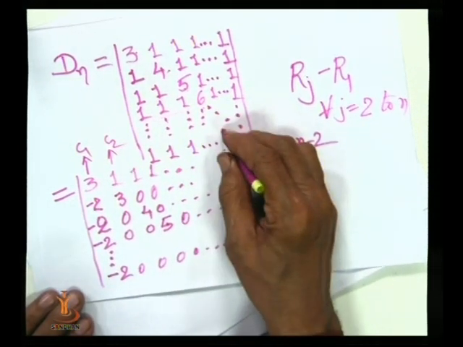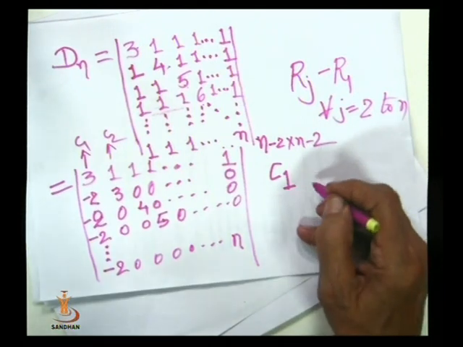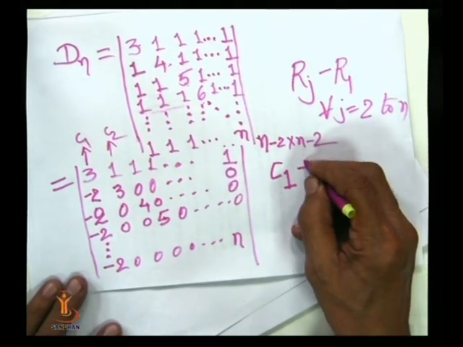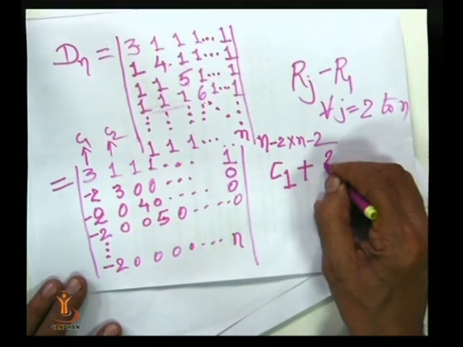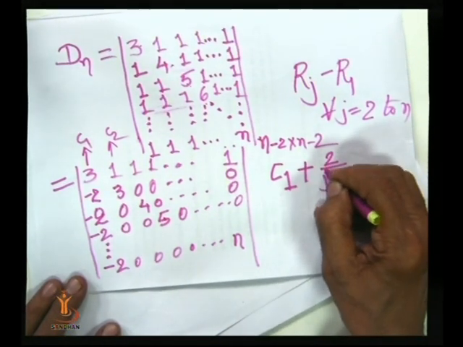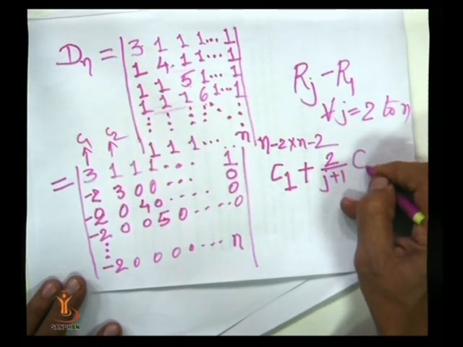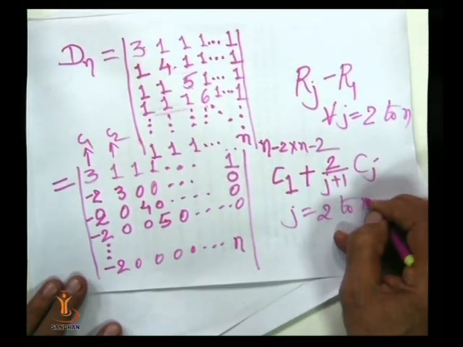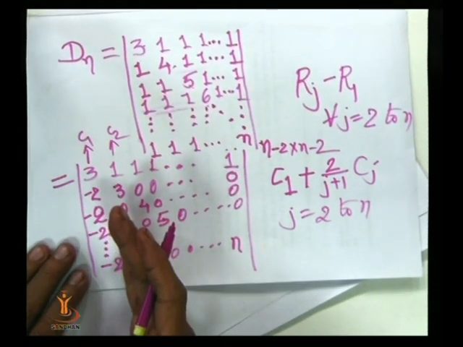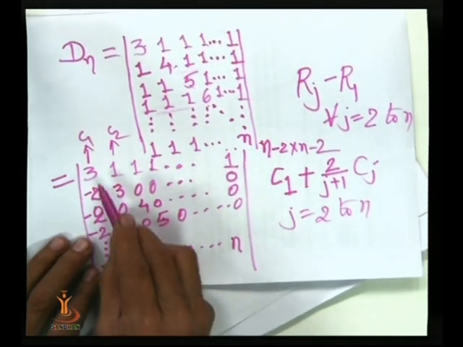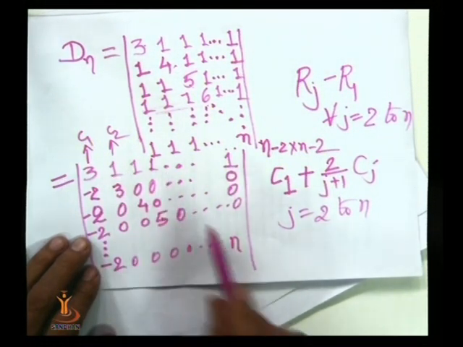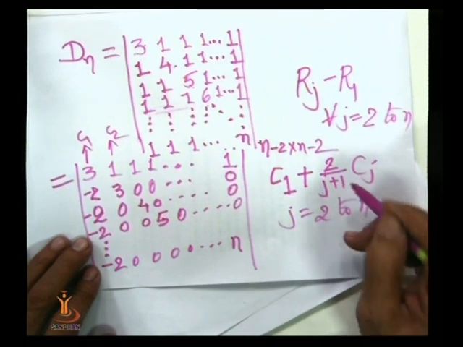Now in the first column I am adding 2 upon j plus 1 times Cj, where j varies from 2 to n. So in the first column I am adding the jth column multiplied by 2 upon j plus 1.